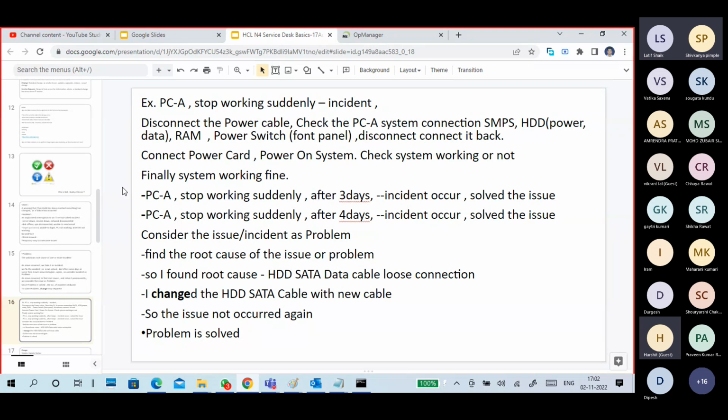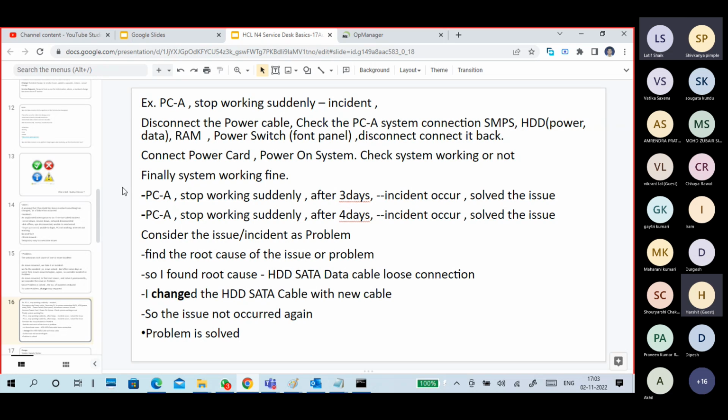I checked it, changed the cable, and turned on the computer. Now it's working fine. I didn't get any more issues later, because there is no loose contact now. The problem is solved. So that is the story, guys, about incident, problem, and change.